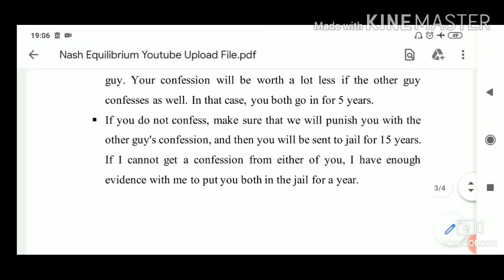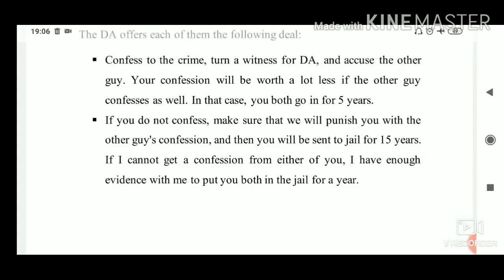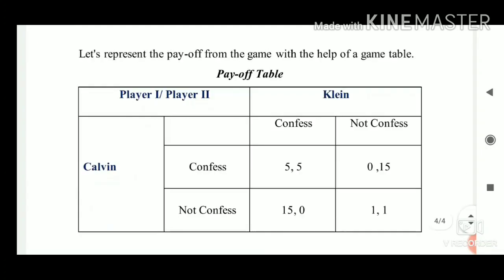If you do not confess, make sure that we will punish you with the other guy's confession, and then you will both be sent to jail for 15 years. If I cannot get a confession from either of you, then I have enough evidence to put you both in jail for a year.